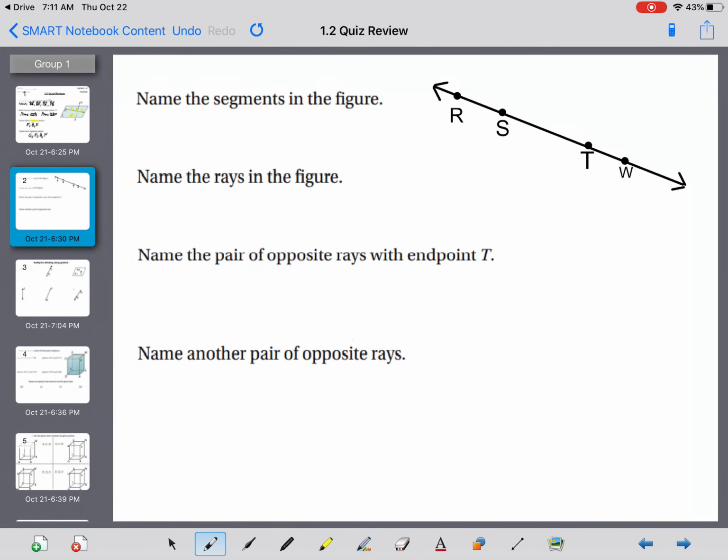Okay. Name the segments in the picture. Well, the first segment I see is RS. Then we have ST. And we have TW.